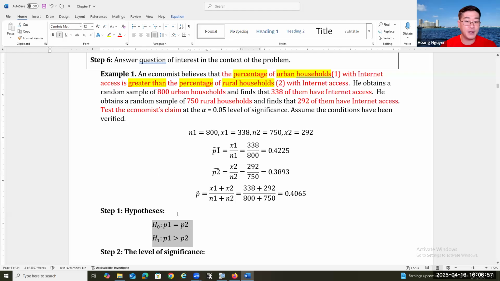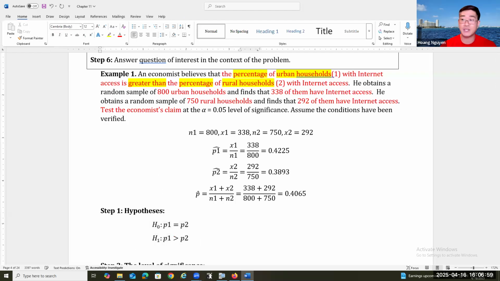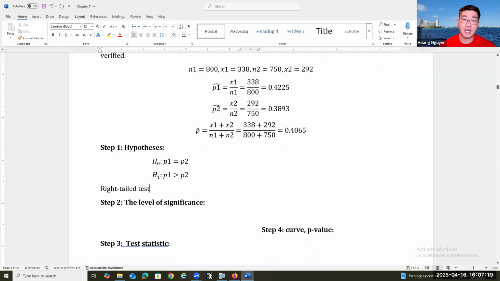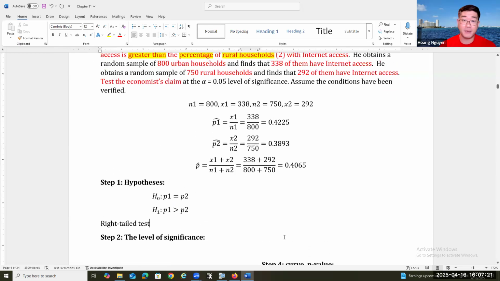Now based on the alternative hypothesis, can you determine the tails of the test then? Is it going to be a two tail, left tail or right tail test? For this hypothesis, we do equal versus greater than, right? So this test is going to be a right tail test. Okay. So that's step number 1, determine the null and the alternative hypothesis.